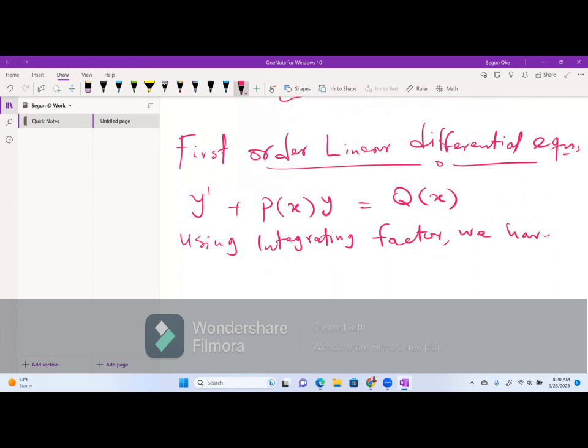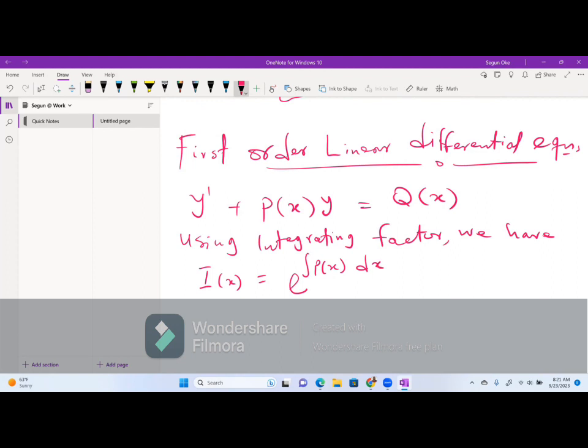The integrating factor is this: I of x equals exponential of the integral of p of x dx.